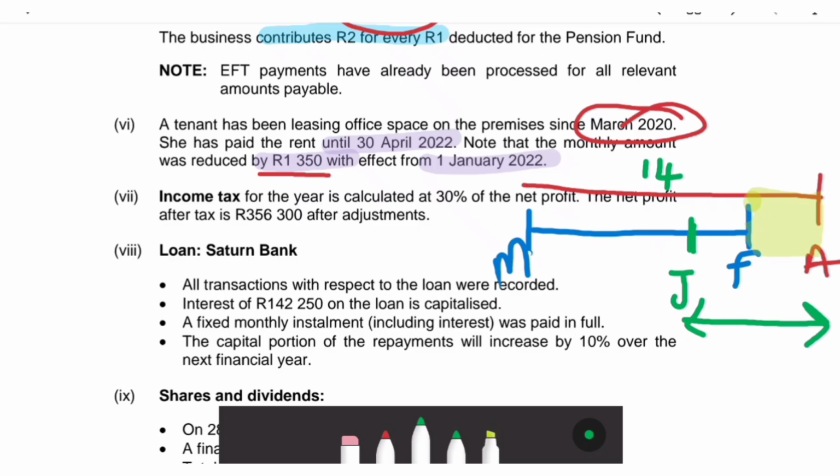Then it means that for Jan, Feb, March, April, 4 months, we were receiving the reduced amount. So we put in 4 months here. This would mean the remaining 10 months, from March to December, we were receiving the rent before it was reduced.